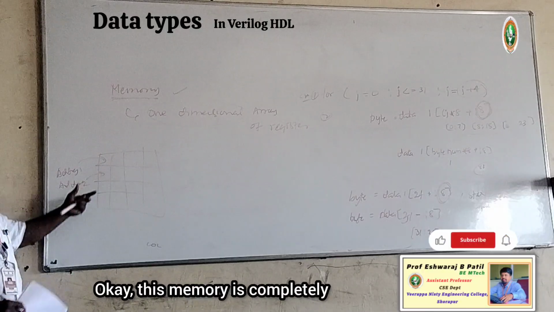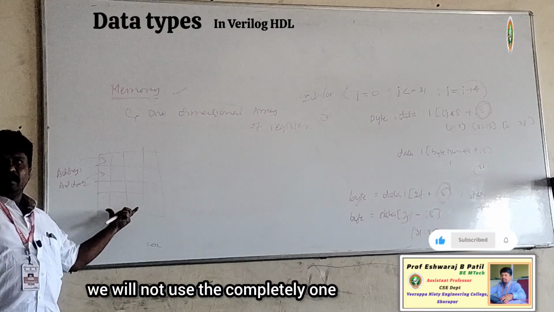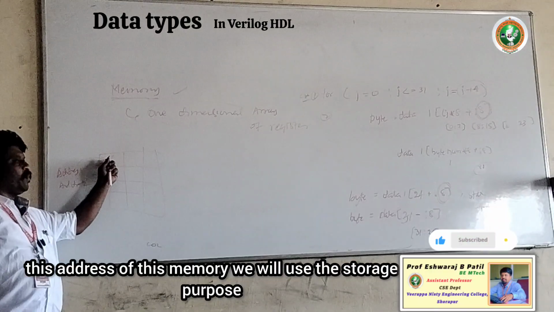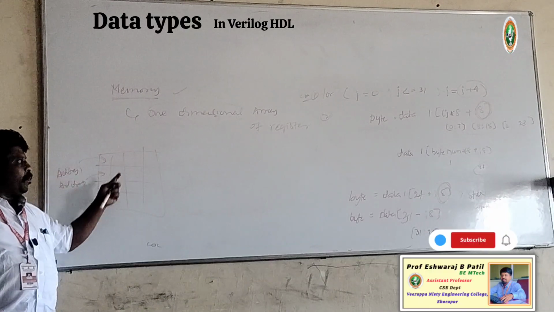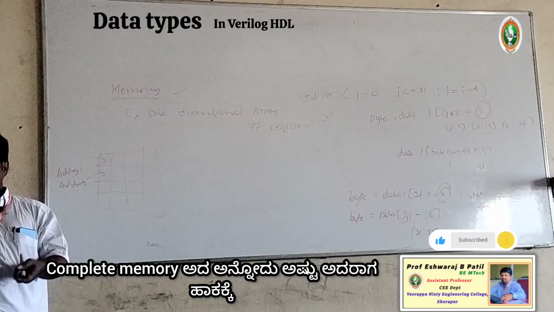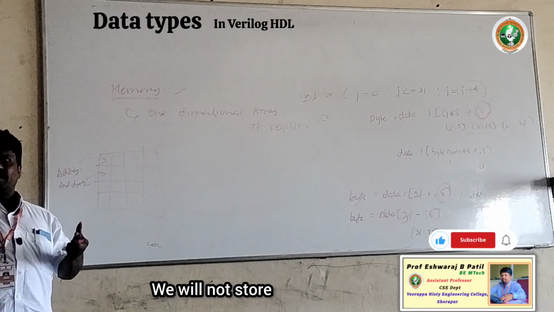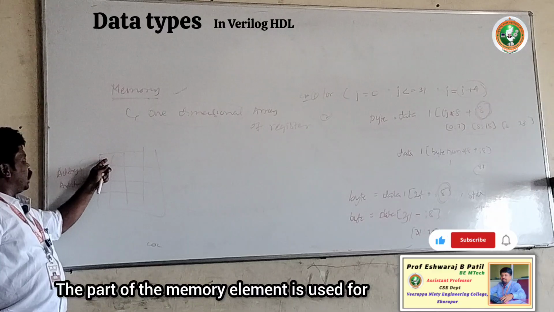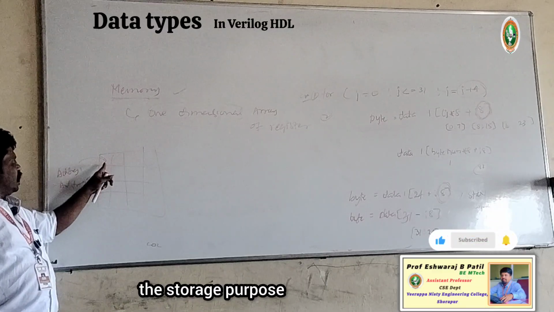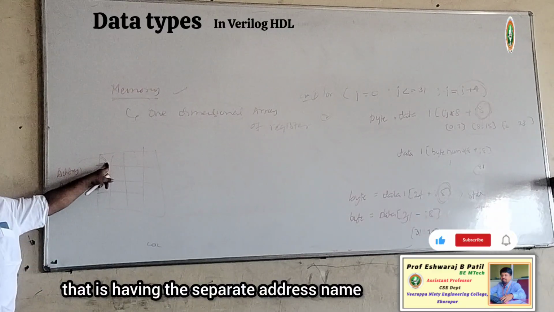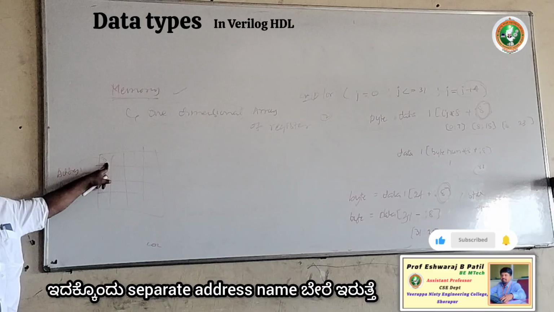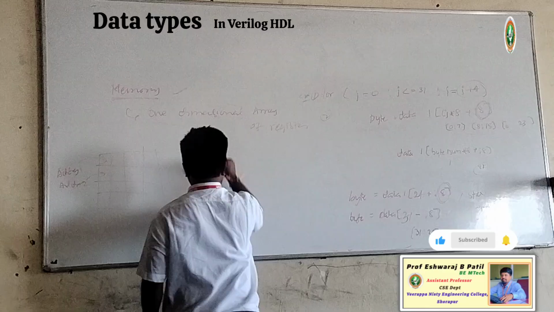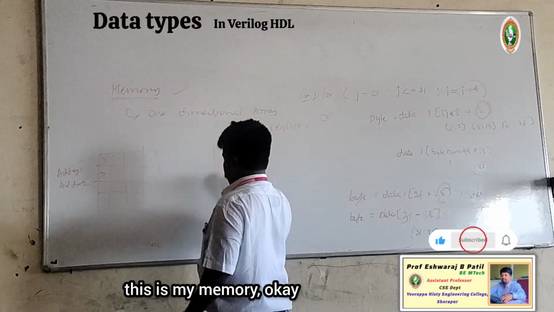We will not use the memory completely, we will use particular addresses of this memory for storage purposes. The part of the memory element used for storage has a separate address name. Okay, for example, this is my memory.